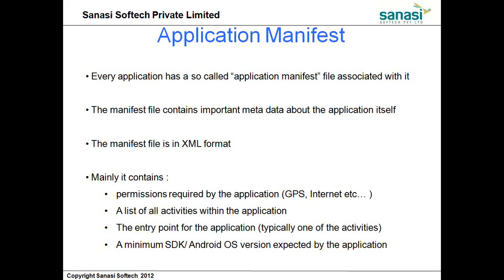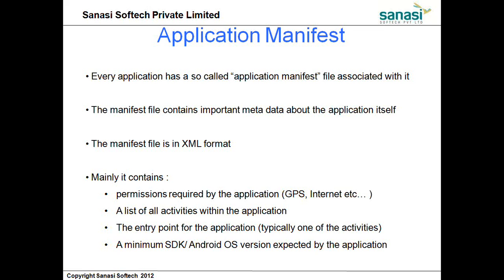Think of this as the file system of an operating system, which typically describes the layout of the file system and contains paths to the files and directories, so something on the same lines. You can think of an application manifest as a file that describes every detail of your application to the Android operating system.